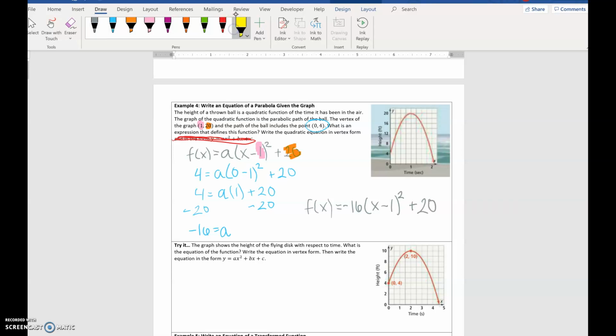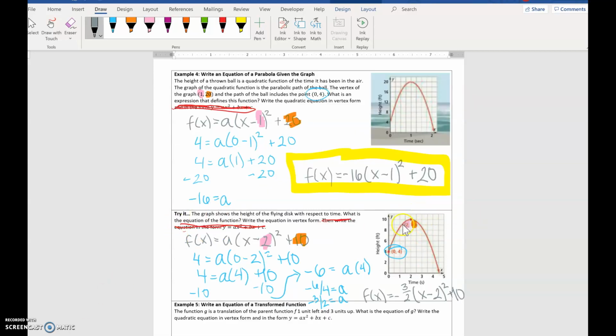And this, again, is our final answer. Okay, so now go ahead and pause the video and try the next one. Again, don't worry about writing it in the other form, just writing in vertex form today. Okay, so our vertex on the graph was (2, 10), h, k. And then we plugged in (0, 4), and we got our dilation is -3/2. And so then this is our final answer right here.